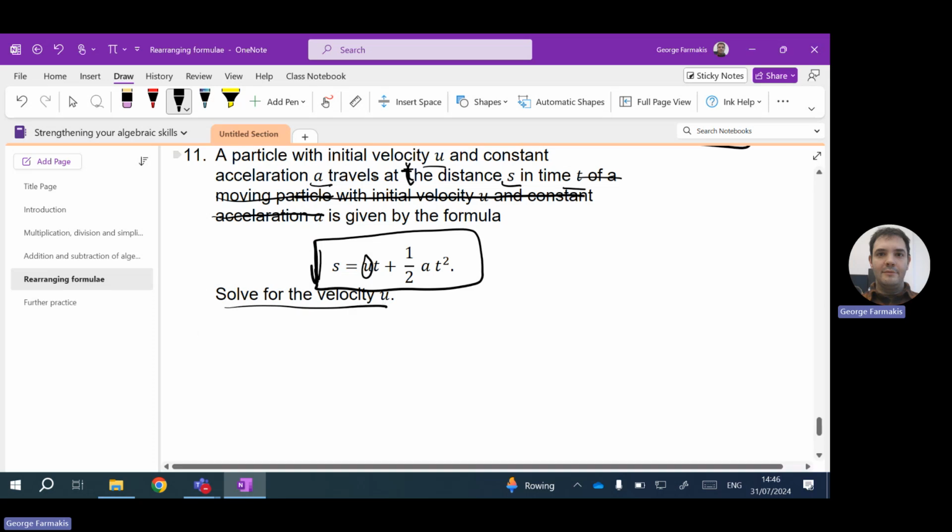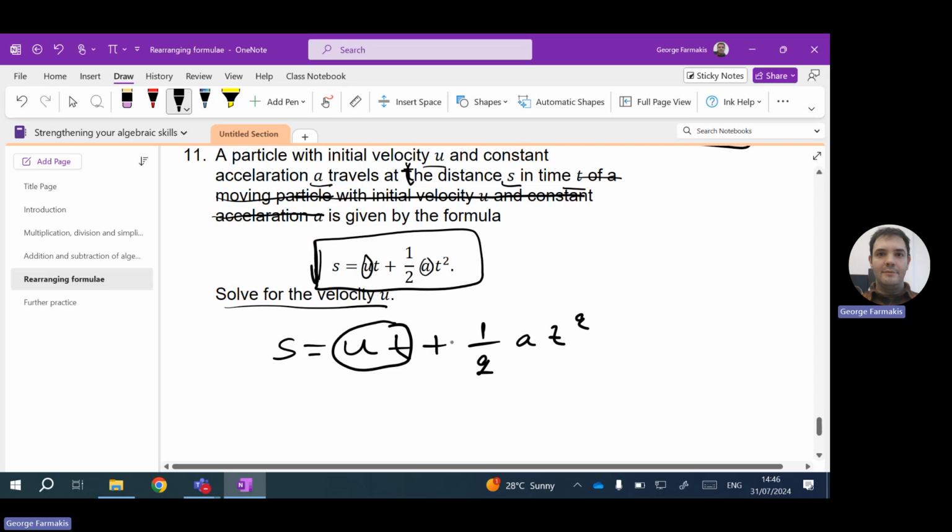So you have a particle that is moving with initial velocity u at a constant acceleration a, and it covers a distance s at a time t where the distance is given by this formula. We want to solve for the initial velocity. Okay, so we have s equals u t plus 1/2 a t squared. Where is u? u is here in this term. So let's first isolate this term.